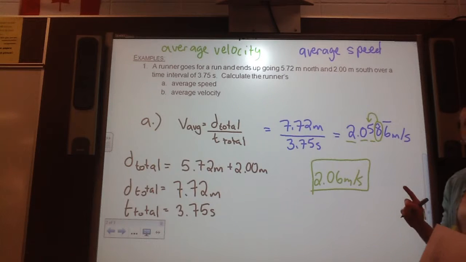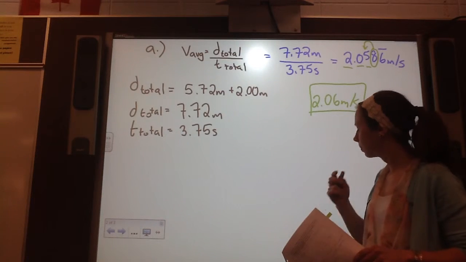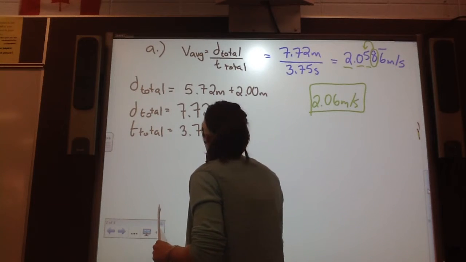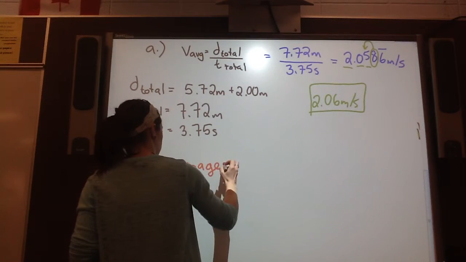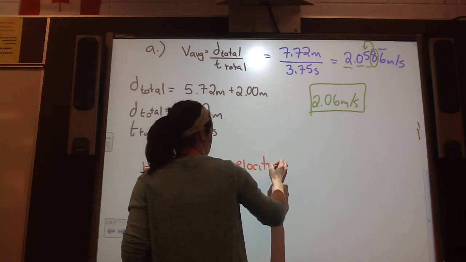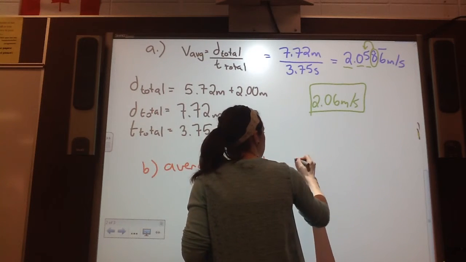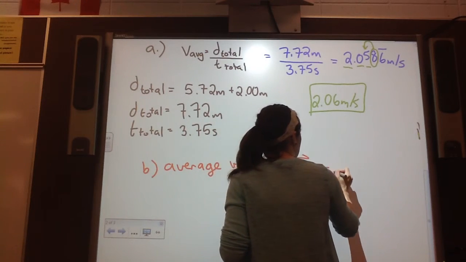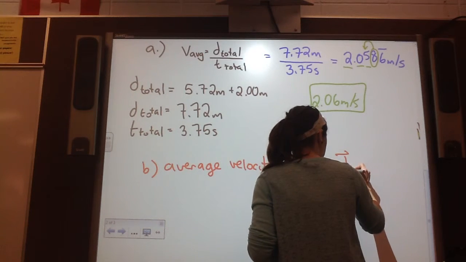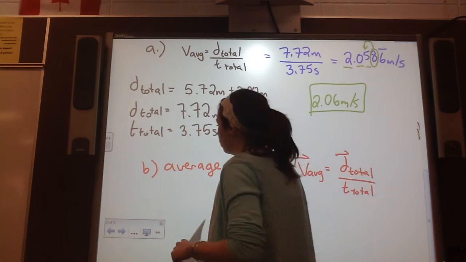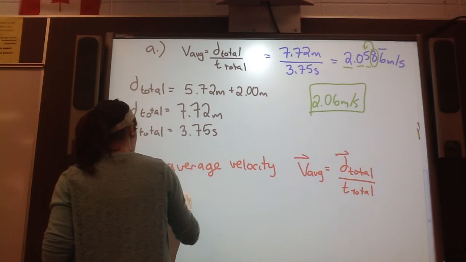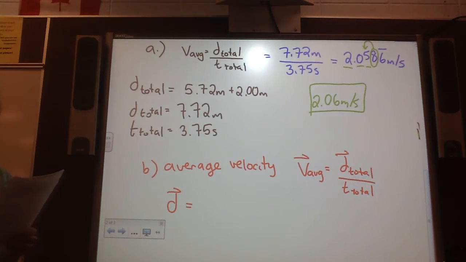Now we will do average velocity. So that's V average, my displacement total divided by my T total. So here we need to think, okay, for my displacement, now I need to translate my north into positive and my souths into negatives.